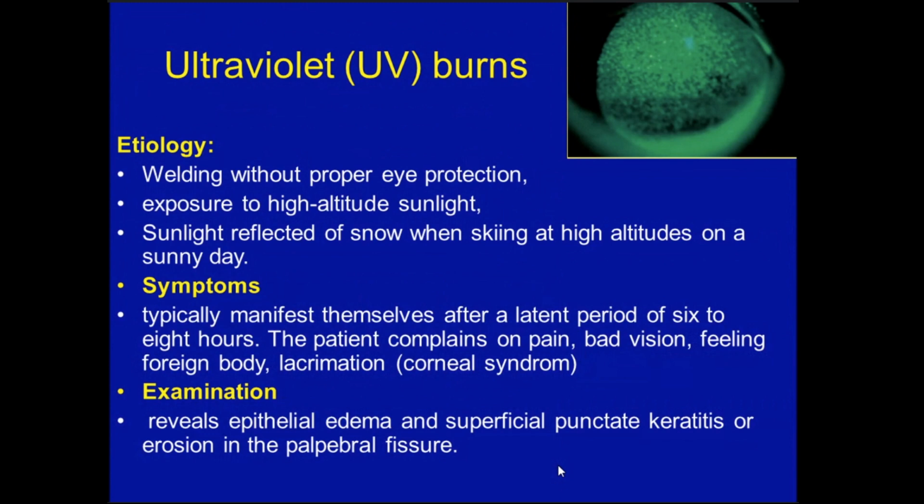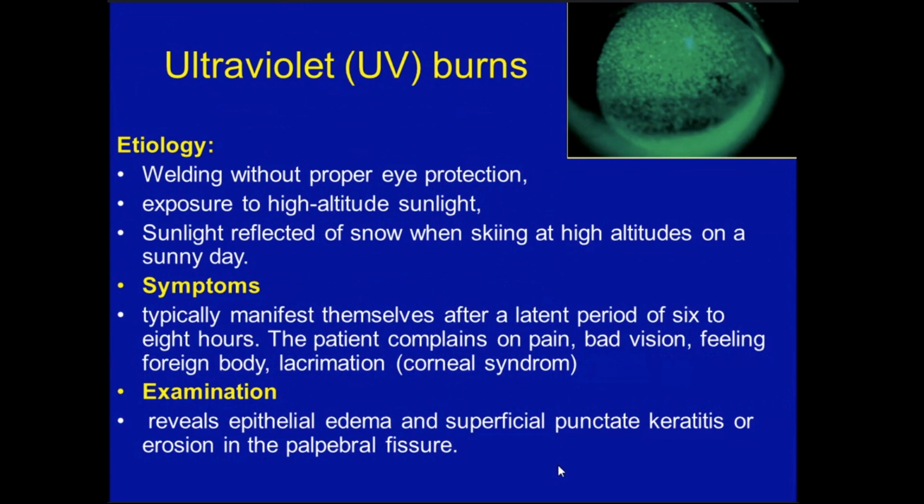Symptoms are usually very typical. They usually appear after 6 or 8 hours, and the patient complains of pain, bad vision, feeling of a foreign body, and lacrimation, so the typical corneal syndrome.